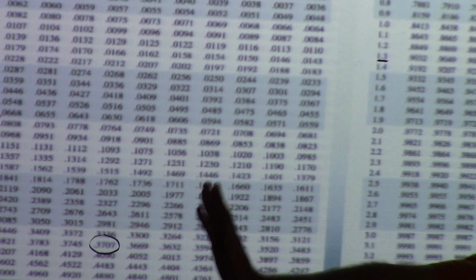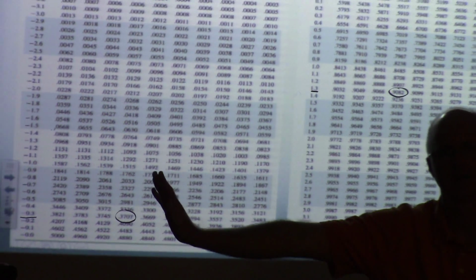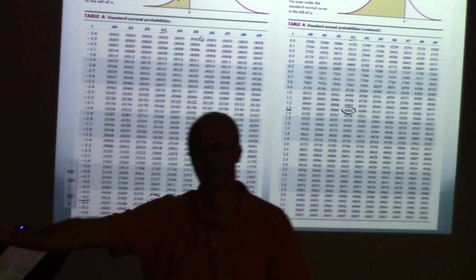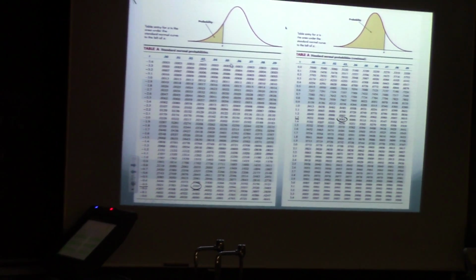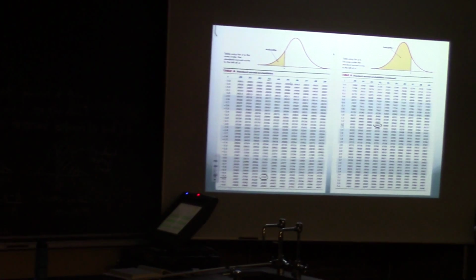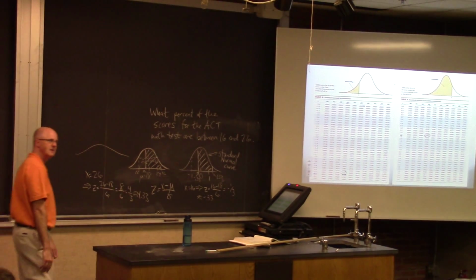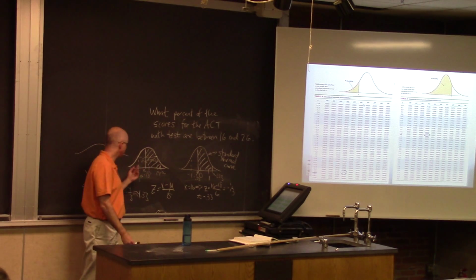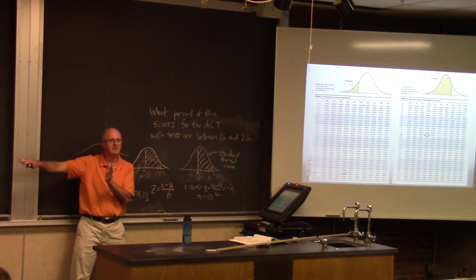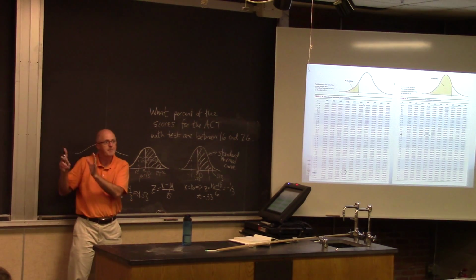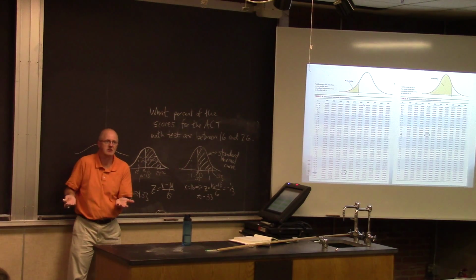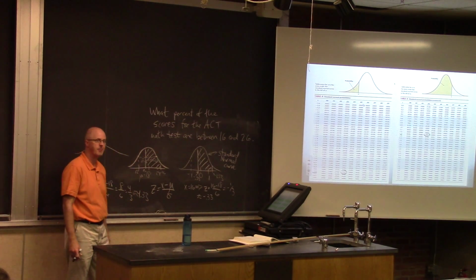That's the area to the left of negative 0.33 forever. Now you might say, well, you can't get negative ACT scores, so how can you go forever? It's just a model. And the area to the left of, for example, 2 standard deviations below the mean, or even 3, is so small that it's negligible. You don't really worry about it.